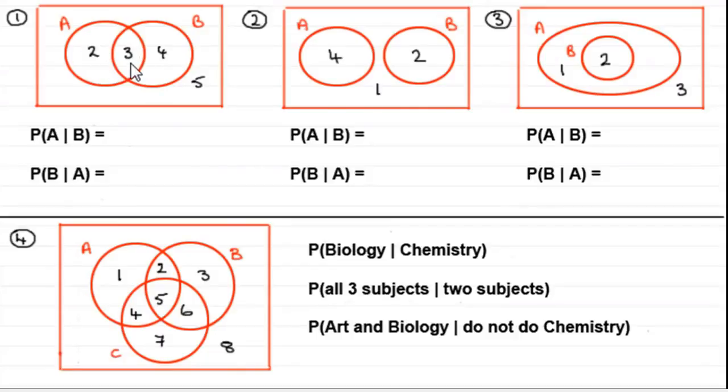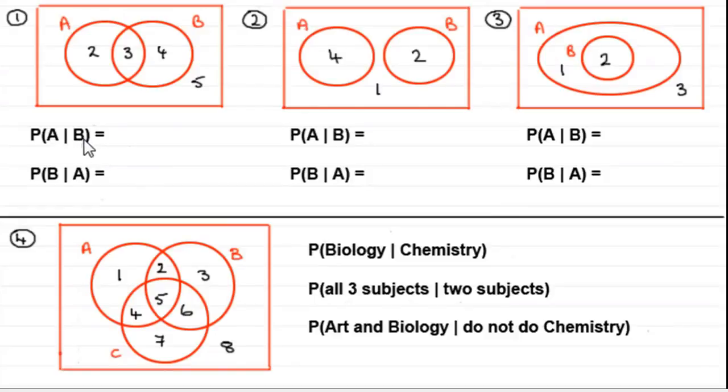3 people doing art and biology. 4 people doing just biology. And 5 people doing neither art nor biology. Now, if we're asked a question like this, what's the probability that someone does art given that they do biology, A given B?